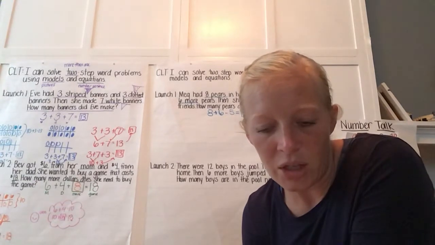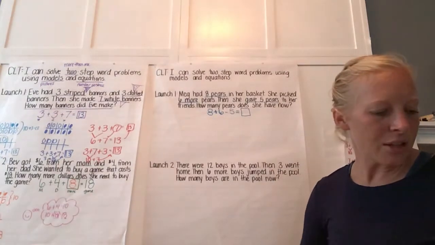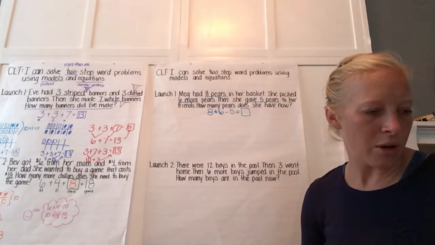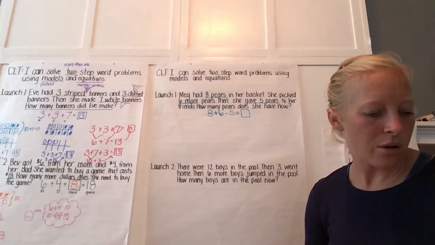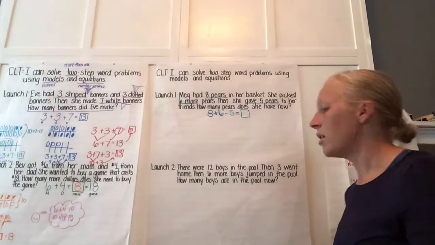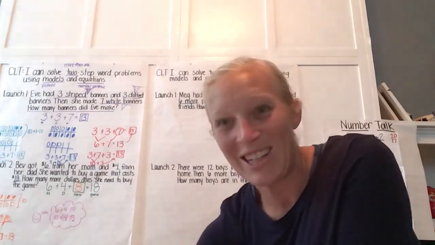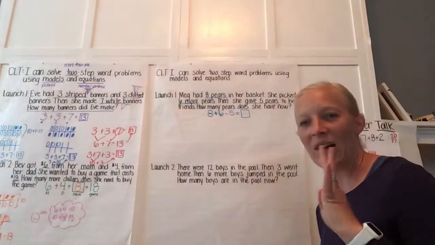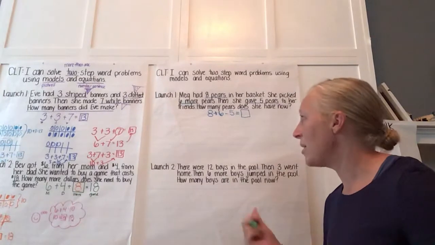Where are the ones that she gave away? Oh, I see you took those away from your board. How are you showing that you're taking them away in your picture? If you're at home and you need to pause, please feel free to pause until you're ready to share your thinking. Coming together in 5, 4, 3, 2, 1, and pencils down.